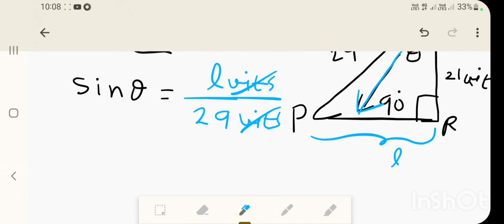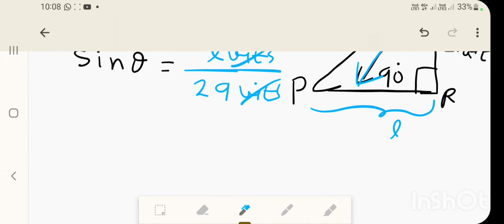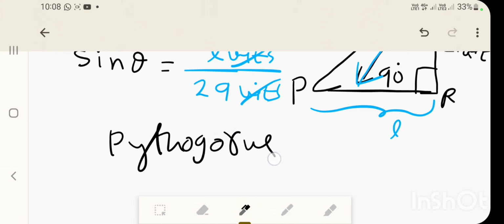So to calculate sin theta we need the length L, that is the length of PR. How to calculate the length of PR? Can anybody guess? We have already seen in the previous lecture that we have to use a theorem called, what is it? Pythagoras theorem. Pythagoras theorem is used here to find the length of PR.